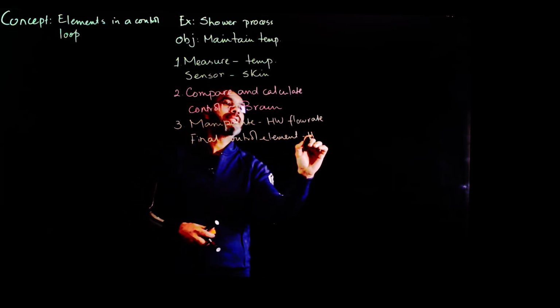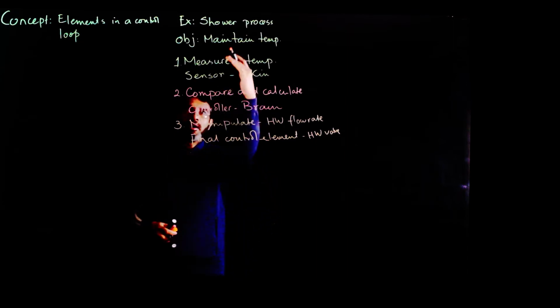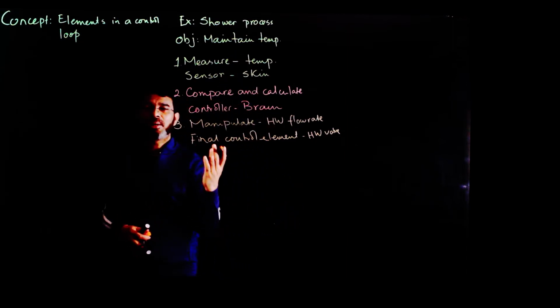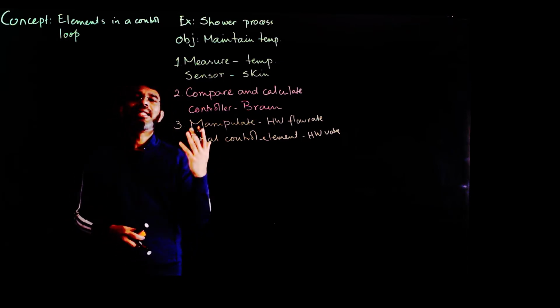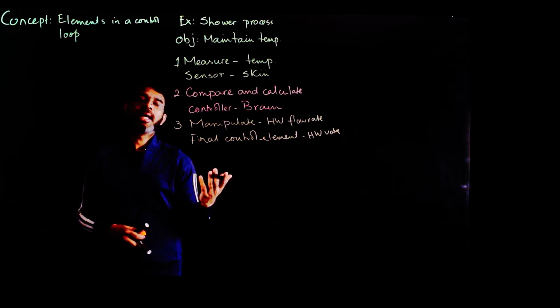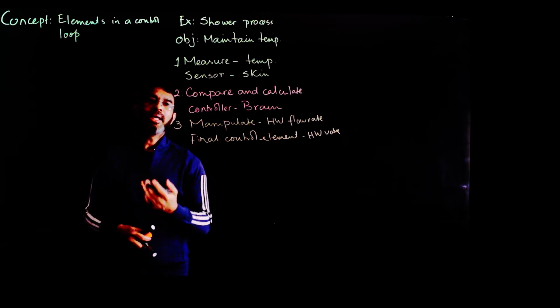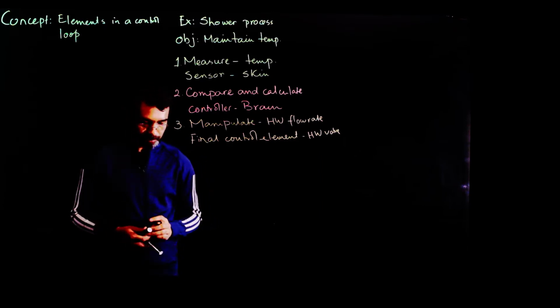For our case, it's the hot water valve. So, just recall these three steps that we discussed. We need to measure something, compare it with our desired value, then calculate the required action and send the information back to the process by manipulating what is called a final control element.